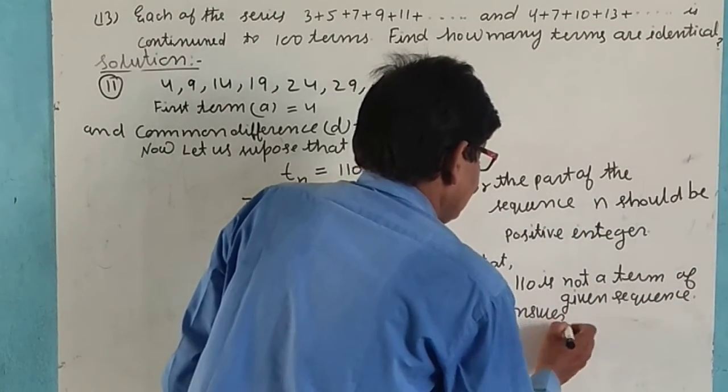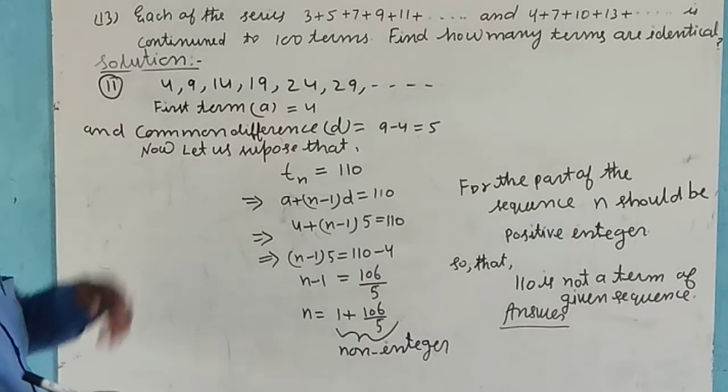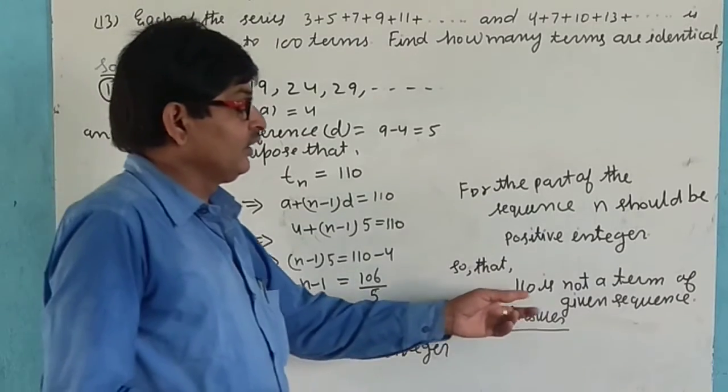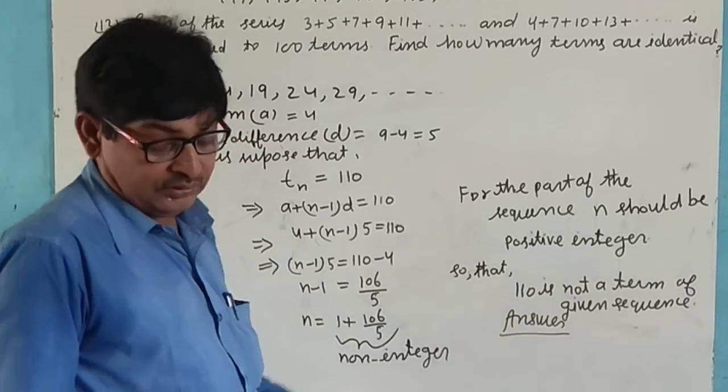This is our result. Here we have shown that 110 is a term of an arithmetic sequence, but 110 is not a term of the given sequence.